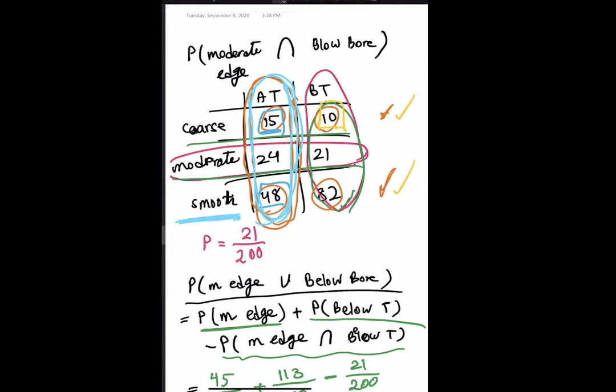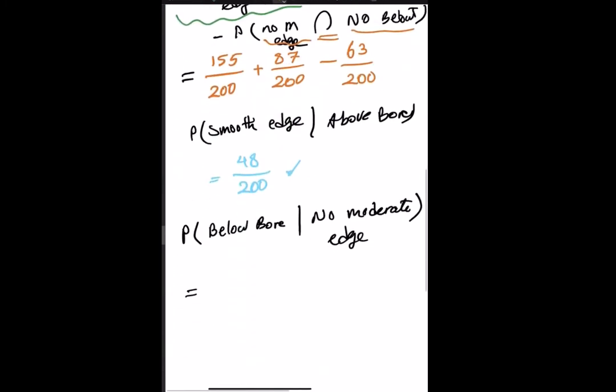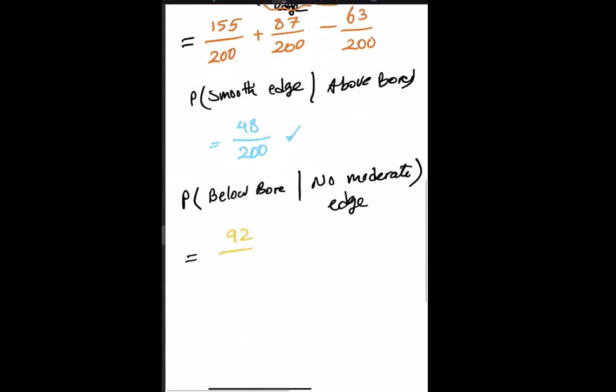It's just 10 and 82. That's 92 divided by 200. And again, for this one, recalculate it using conditional probability rules, and make sure you get the same number.